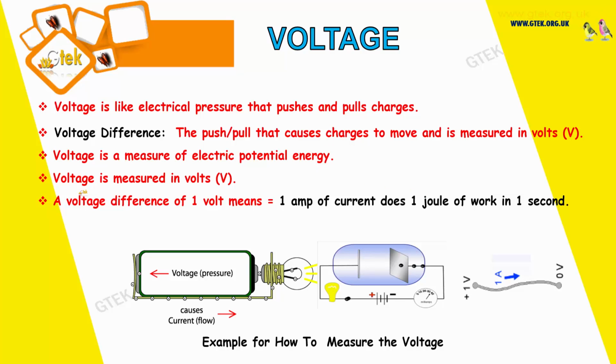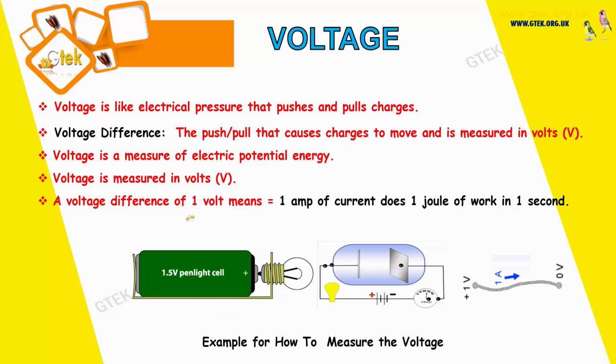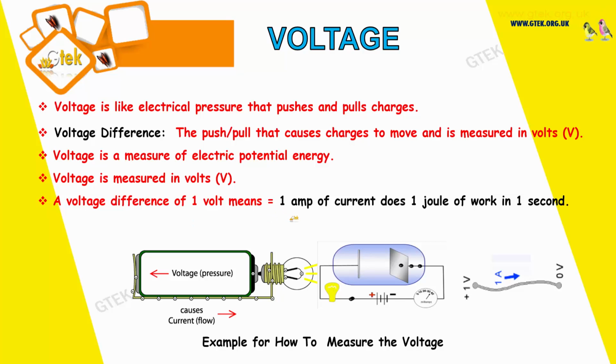The voltage difference of 1 volt means 1 ampere of current does 1 joule of work in 1 second.